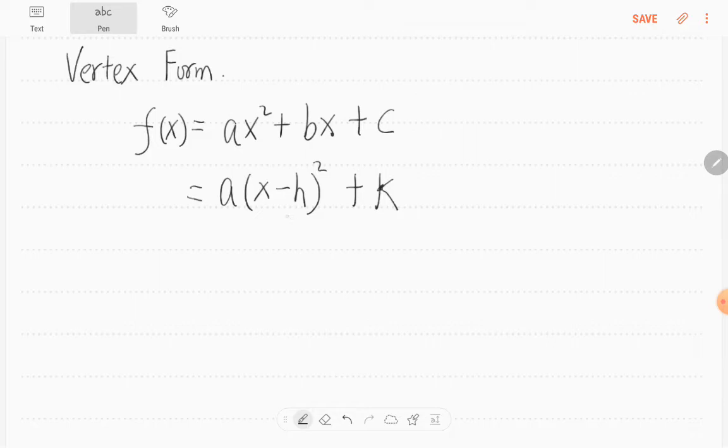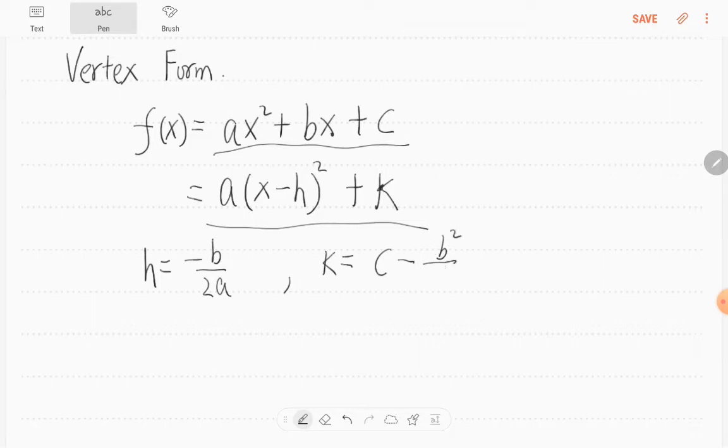If you expand and compare these two, you will see that h is equal to negative b over 2a, and k is equal to c minus b squared over 4a. This is the formula you need to know.